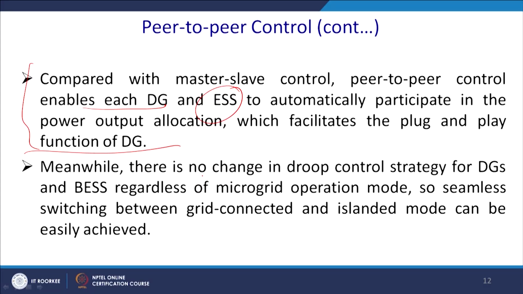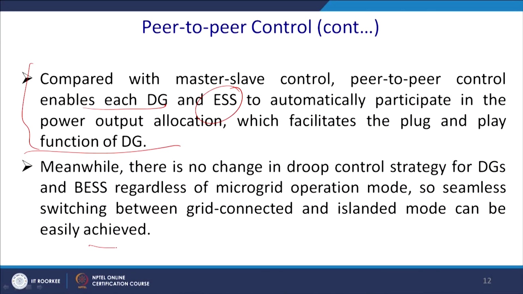Meanwhile, there is no change in the loop control strategy for distributed generation and the energy storage, that is BESS, regardless of the microgrid operation mode. So, whether it is in islanding mode or on grid, it does not matter; loop control will work according to the local frequency.